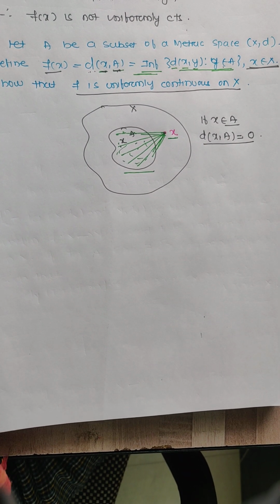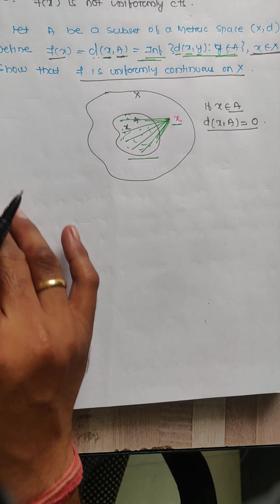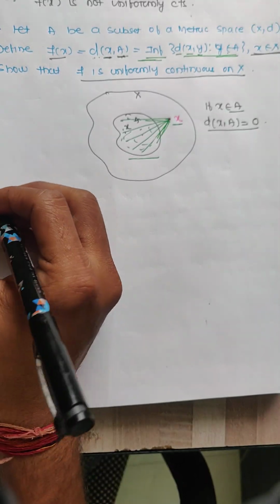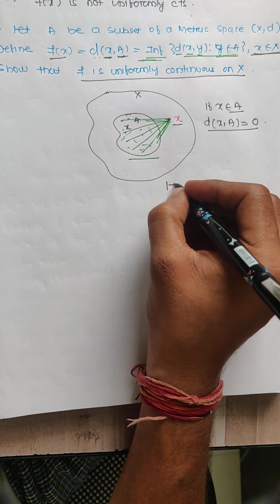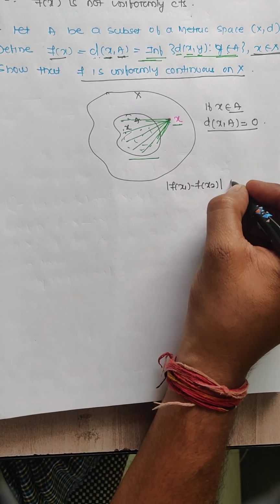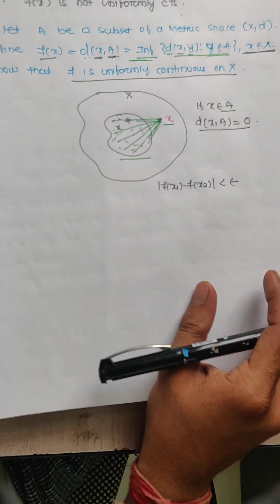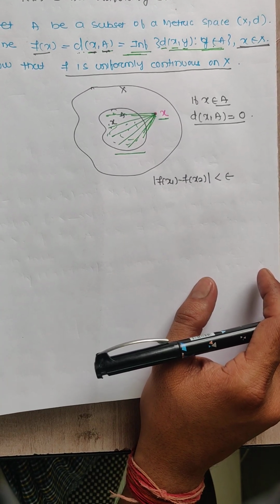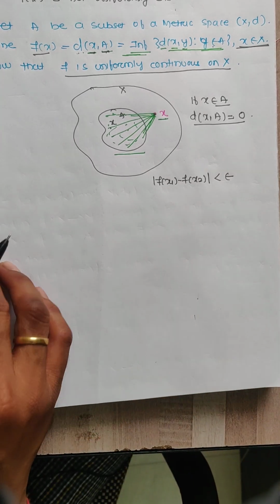Okay, we'll show that. For uniform continuity, we need to show that the distance between f of x1 and f of x2 is less than epsilon whenever the distance between x1 and x2 is less than delta.